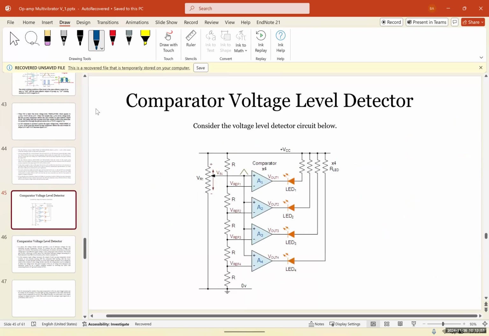Now, one application that we use for a comparator is as a voltage level detector. One of the devices that you may have seen is these voltage indicators for AA or AAA batteries.